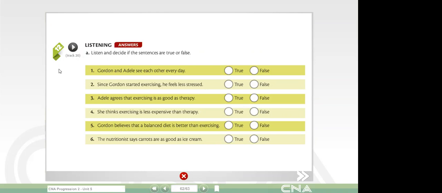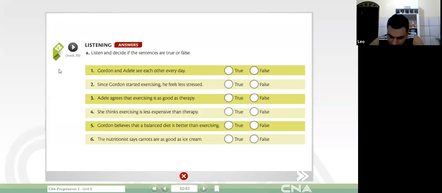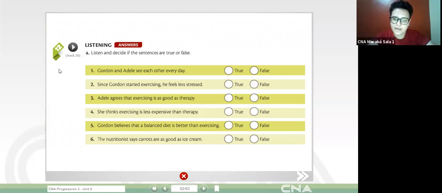Belle agrees that exercise is a good therapy. Number 4, Leo. She thinks exercising is less expensive than therapy. Okay, number 5, Gordon believes that a balanced diet is better than exercising. And number 6, the nutritionist says carrots are as good as ice cream.